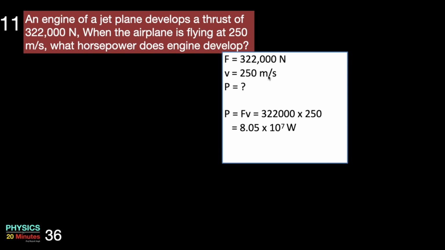Since everywhere there is SI unit, power will be in watt. How do you get it in horsepower then? Yes, you divide by 746 and you get 1.07 into 10 power 5 horsepower. So that is a very high value, but remember we are talking about a jet plane. So values are going to be high.